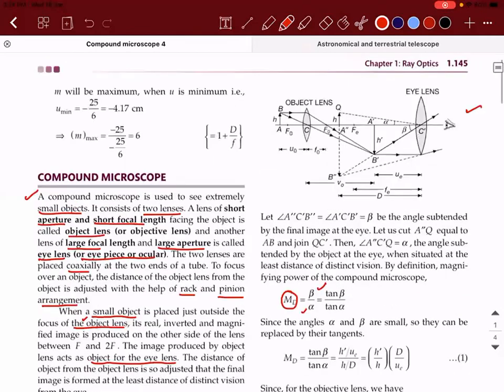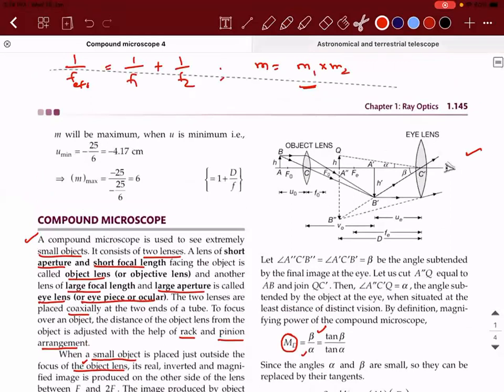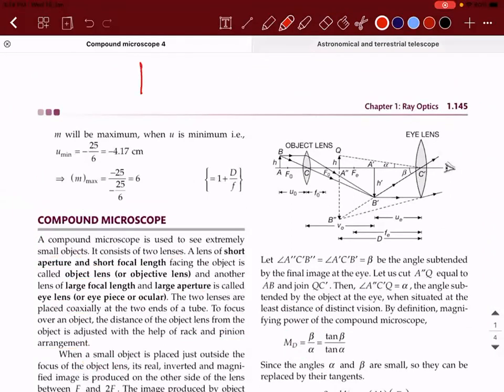If you look at the object here, and take this as H naught, when you see it from the top and bottom without the help of an optical instrument, then this angle is said to be alpha, and this distance is the least distance of distinct vision, because that is the point at which you can see the object comfortably without the help of an optical instrument. So tan alpha is equal to how much? H naught divided by D.